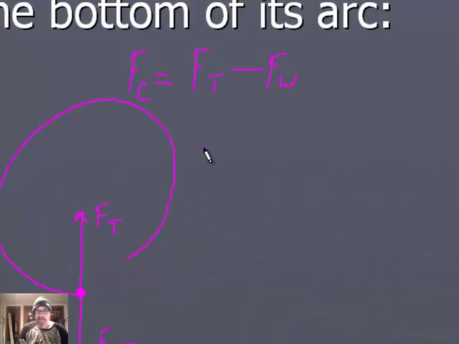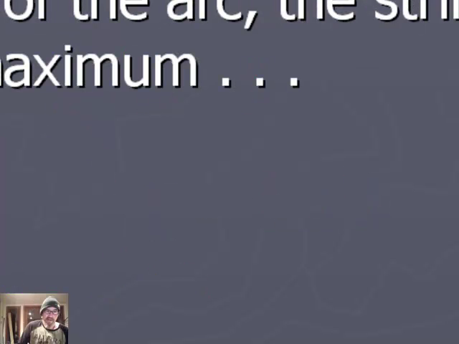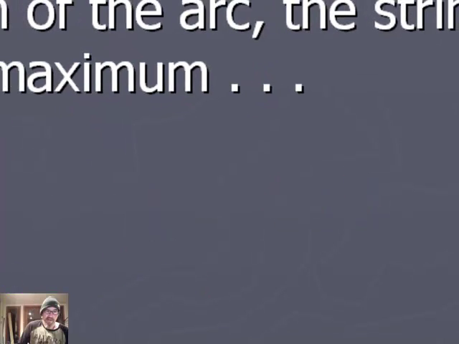That would mean the tension is equal to the centripetal force plus the weight. That's the maximum tension that you're going to get. String tension is maximum at the bottom of the arc.